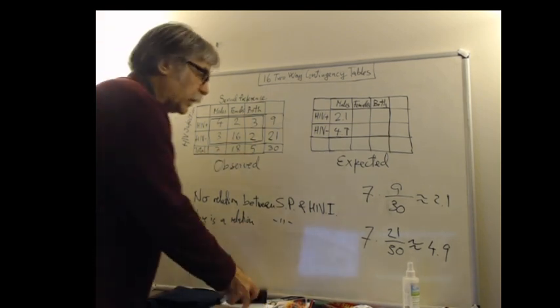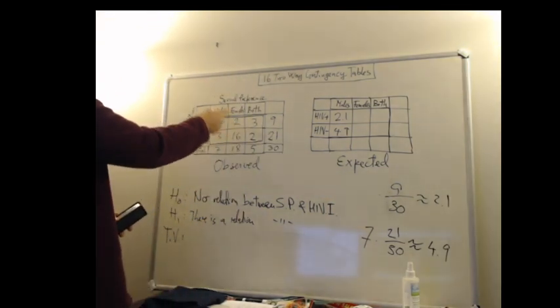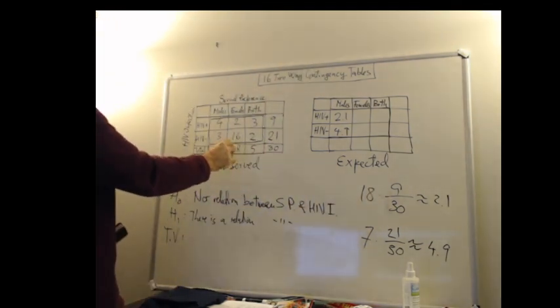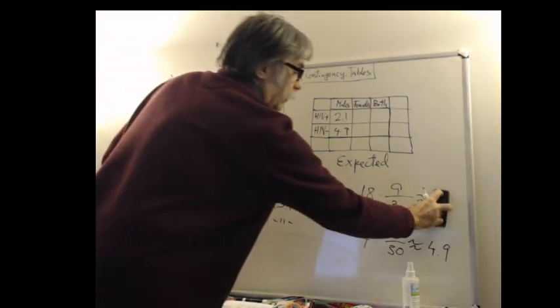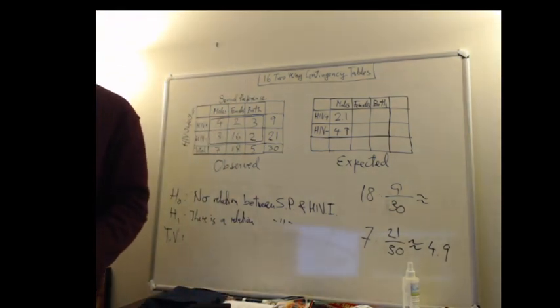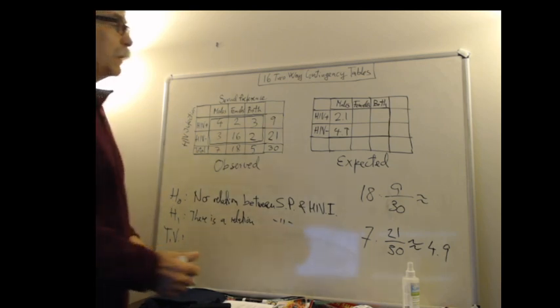So I multiply 30% by 18, the total number of straight guys, and I get the expected value of straight guys that are HIV positive. I come up with 5.4.